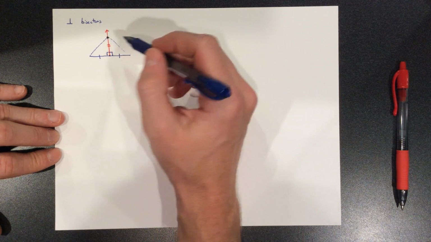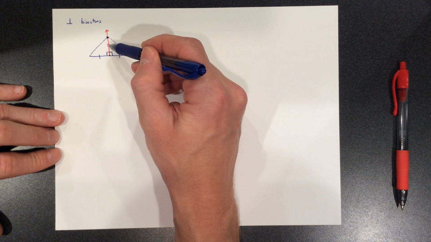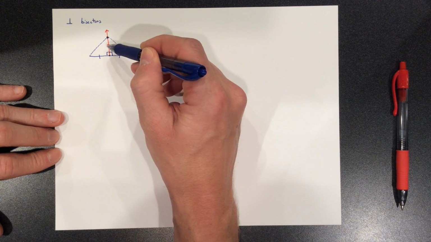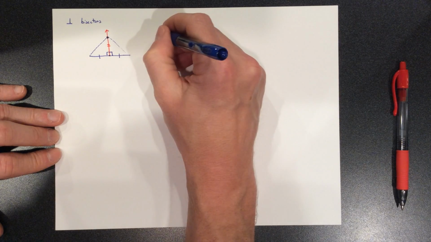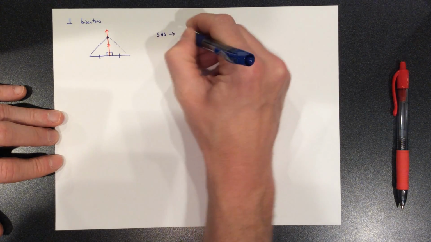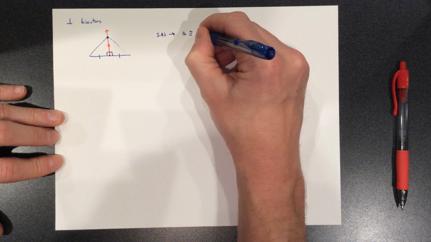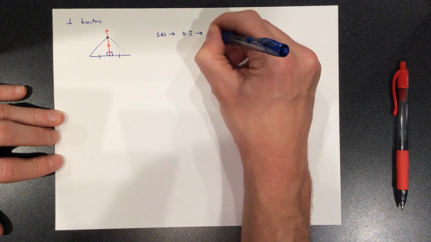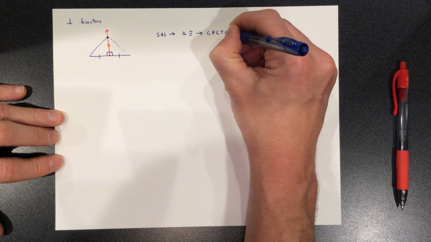They are congruent. Why? Well, because we learned about triangle proofs. We know that side, angle, side, meaning double, 90, single, double, 90, single. So side, angle, side proves that the two triangles are congruent. But if the triangles are congruent, then we know that the corresponding parts of congruent triangles are congruent.